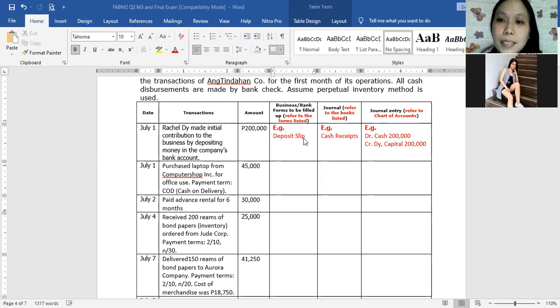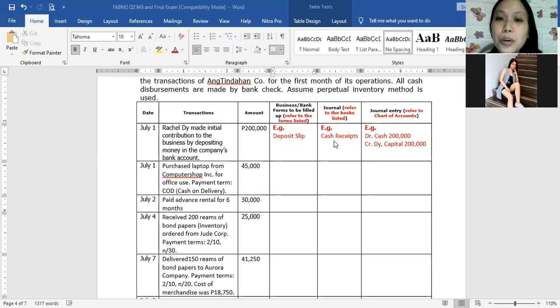Since he is giving cash to the company, the company has to recognize it by issuing an official receipt. Any cash that the company receives, whether an investment or sales, they have to issue an official receipt. Therefore, they have to record it in the cash receipt journal or book.